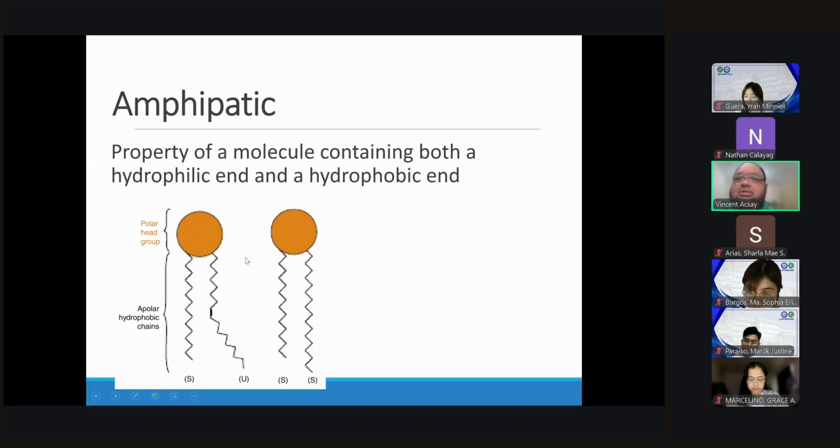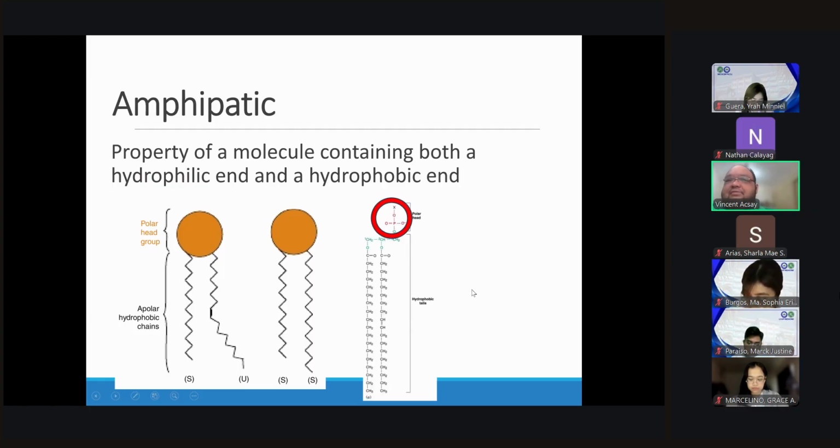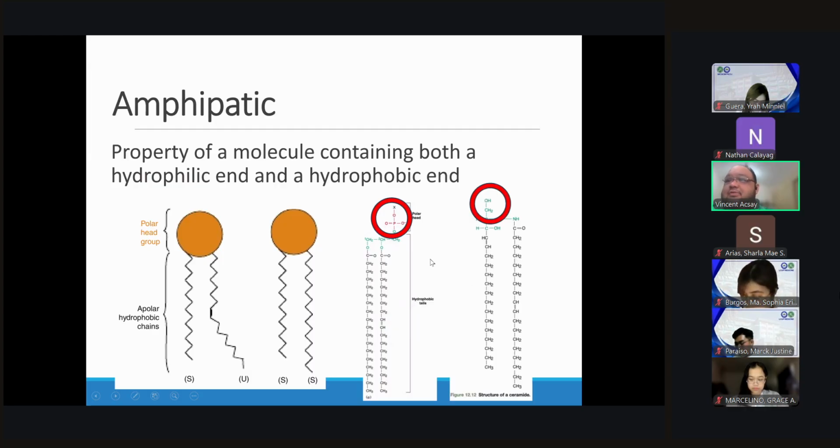So the head is your polar group. The two long hydrocarbon chains are your non-polar group. If you take the diagram of your phosphoglyceride, or phospholipid, sorry, and your ceramide or sphingolipid, they will produce generally the same shape and formation.